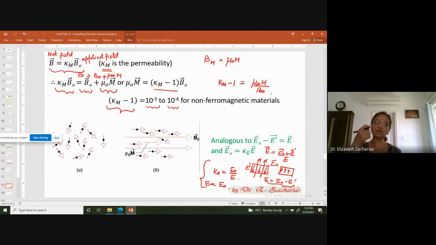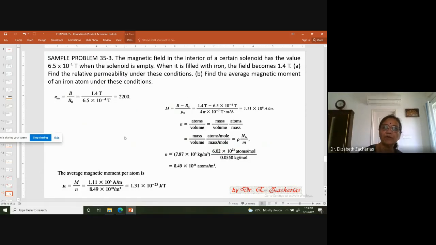In diamagnetic, when you apply a field, the dipoles will be formed but in the opposite direction. So the net field inside will decrease. So whenever you want to create a big field, go for a ferromagnetic material. Kappa M is large. Iron is a typical example of a ferromagnetic material.